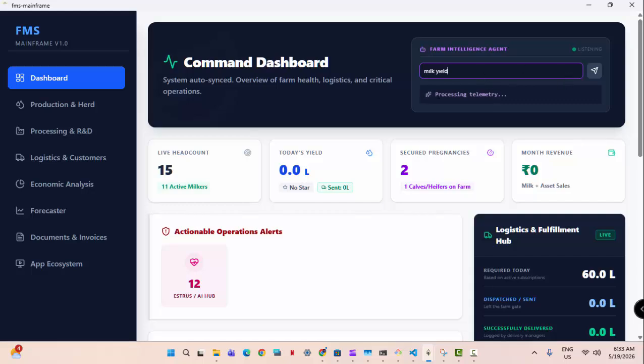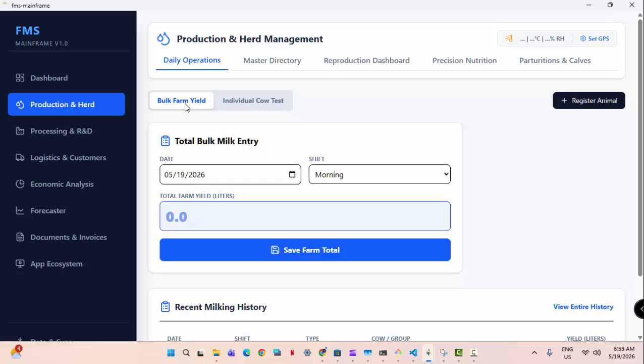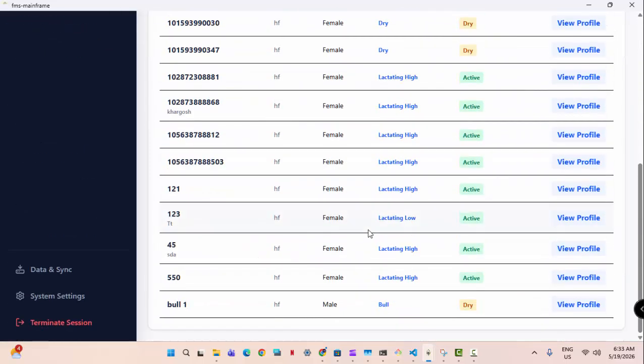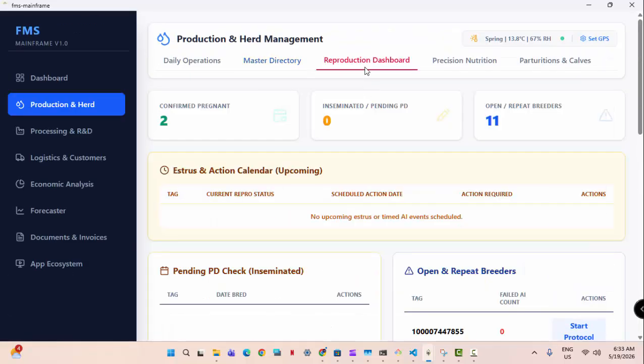So moving further, we have our production and herd, wherein we have our master directory, that's all our cows and heifers.